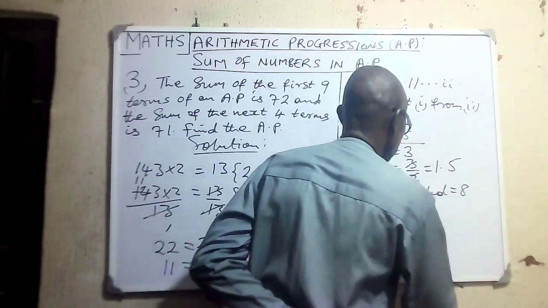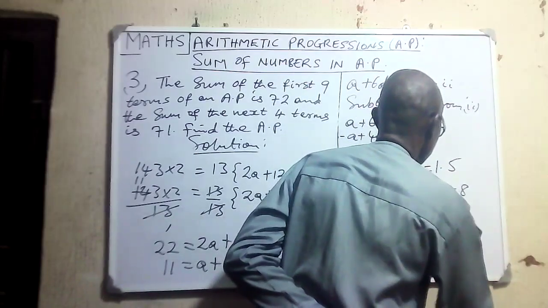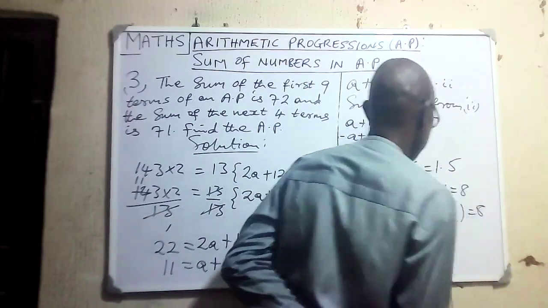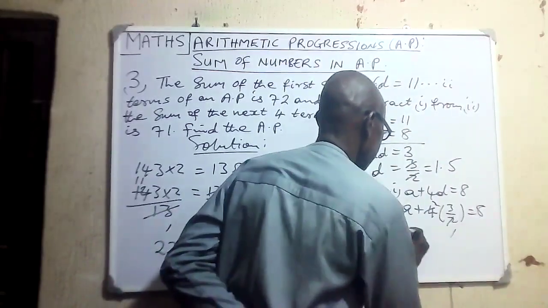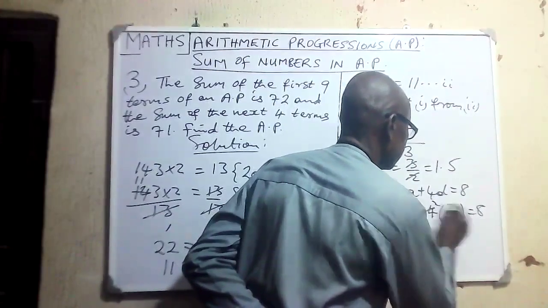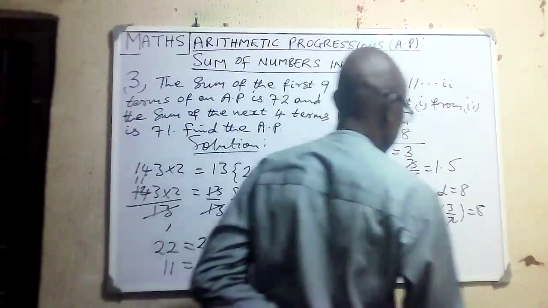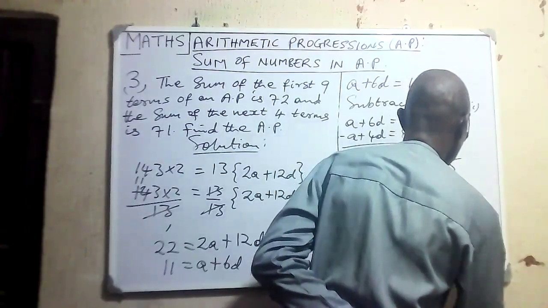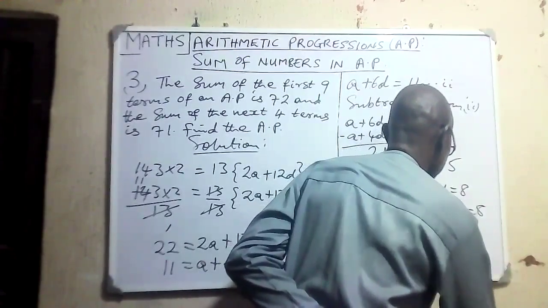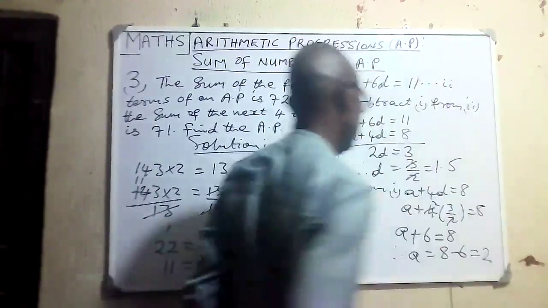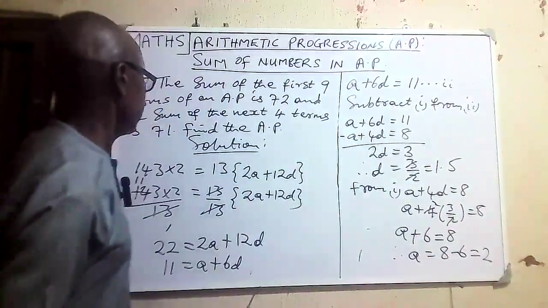Substituting the value, a plus 4 brackets 3 over 2 is equal to 8. We divide, this is 1, this is 2. And that means that a plus 6 is equal to 8. Therefore, a is equal to 8 minus 6, which is 2. So we have succeeded in getting the values of a and d.